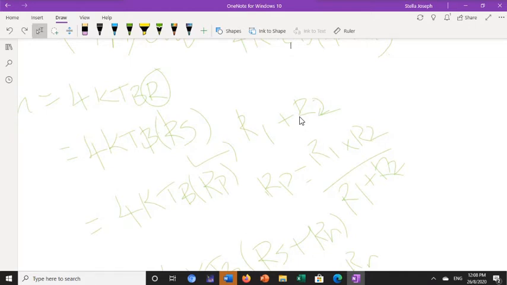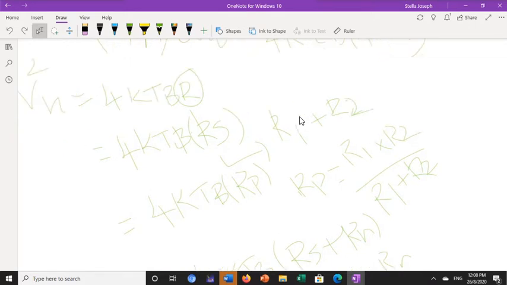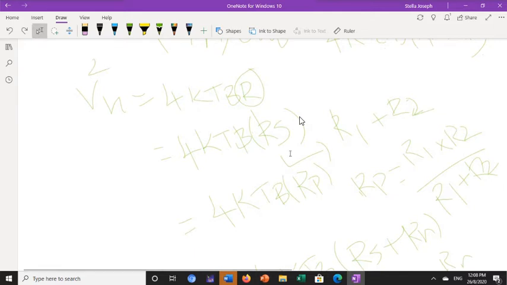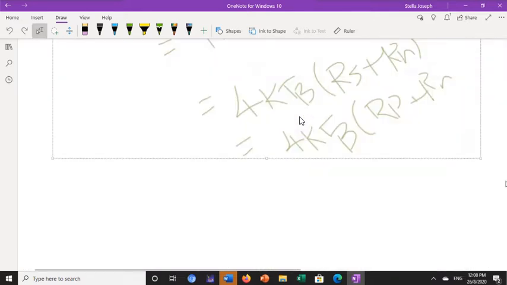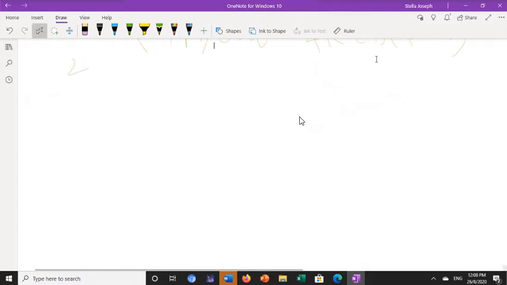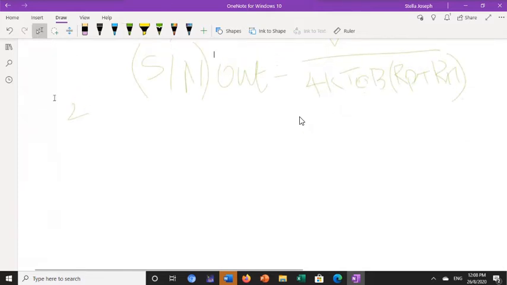Okay, I'll erase this first. Okay. So we need only this equation. If I write all of this, then you will be getting confused. So here, what is Rp? I am having input resistance.